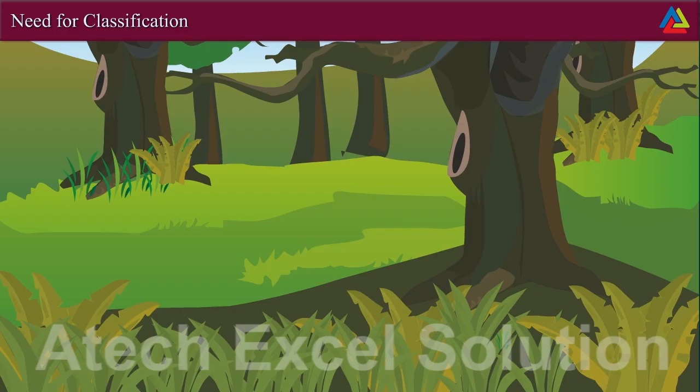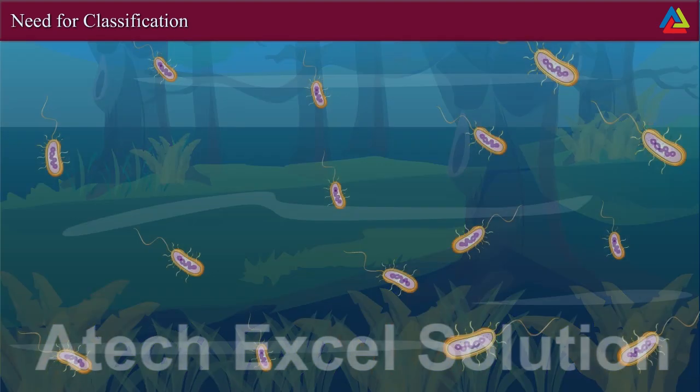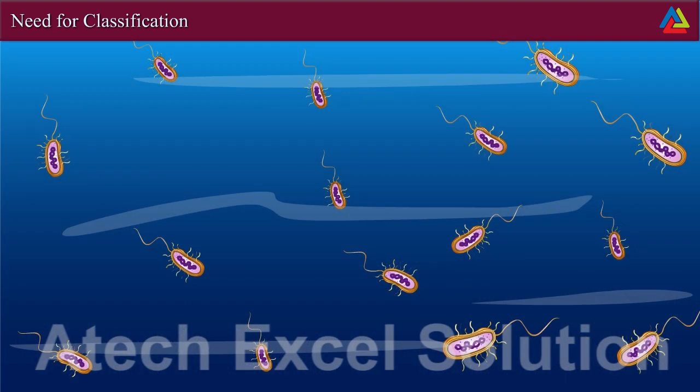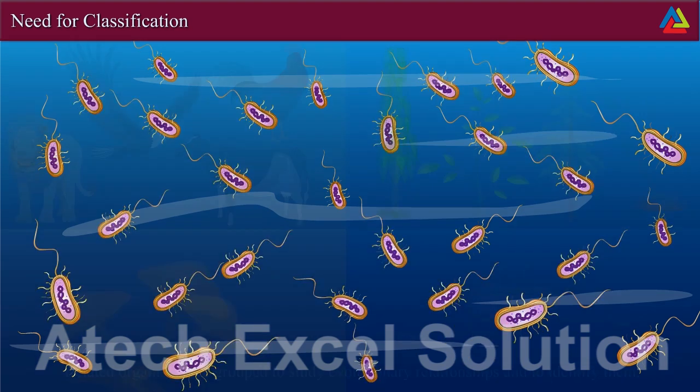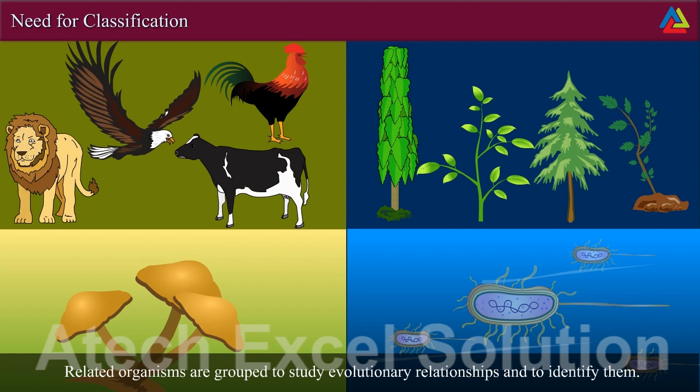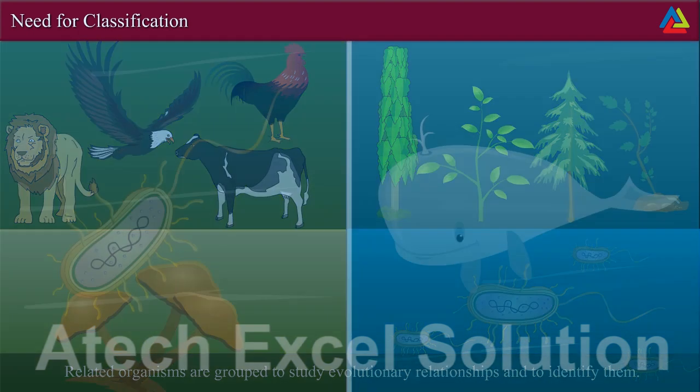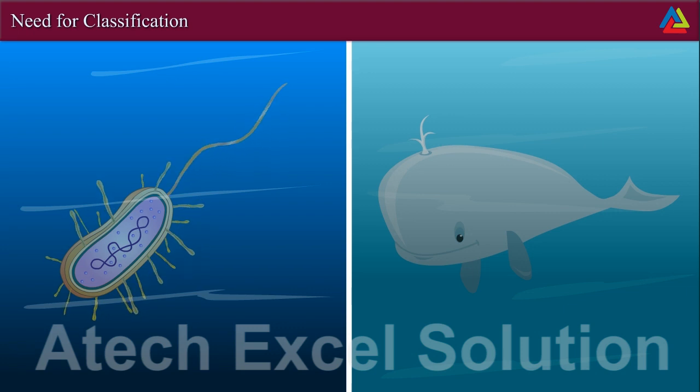There is a vast number of living organisms in this biosphere, and they have a great diversity in shape, size, and form. Hence, we group the related organisms to study evolutionary relationships and to identify them. We see a range of variations in life forms around us.